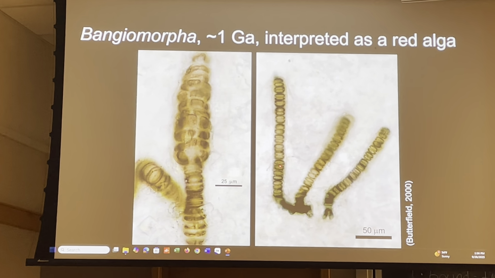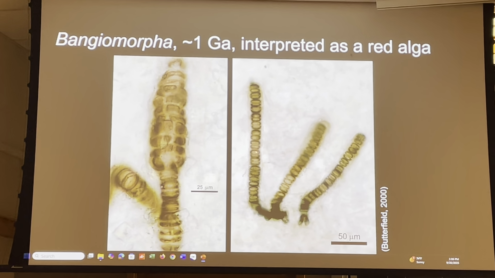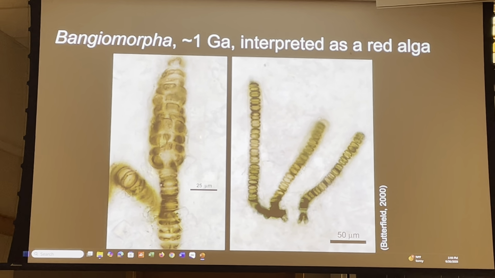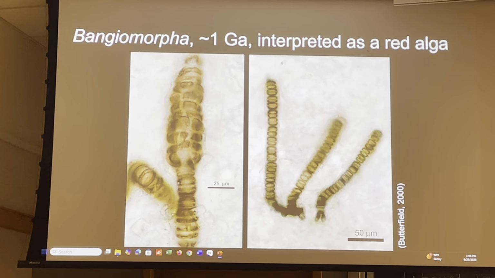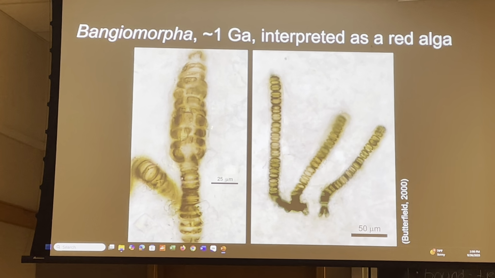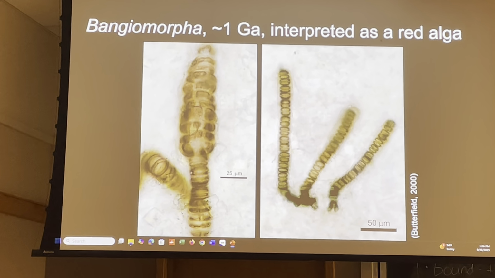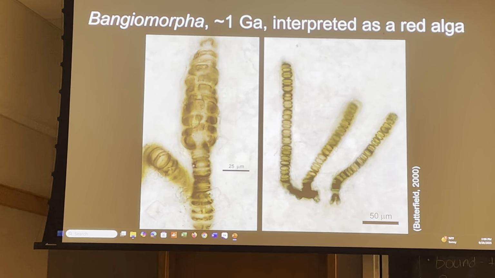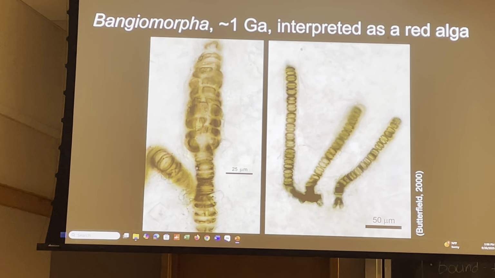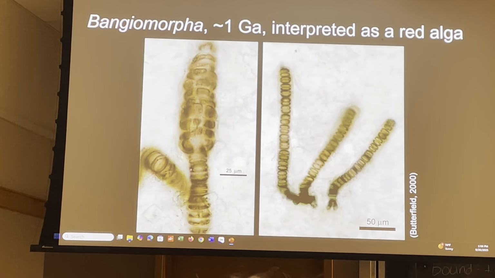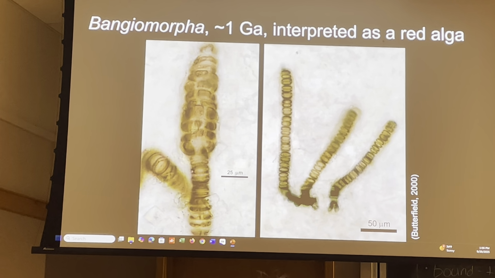The type of cell arrangement, the paired cells, and the swollen reproductive structure at the end of the branch are interpreted as comparable or similar to some living red algae known as bangiophytes. So this is named after modern bangiophytes, Bangiomorpha.